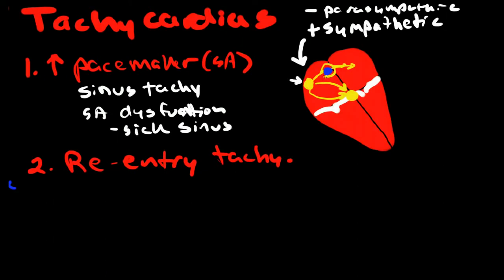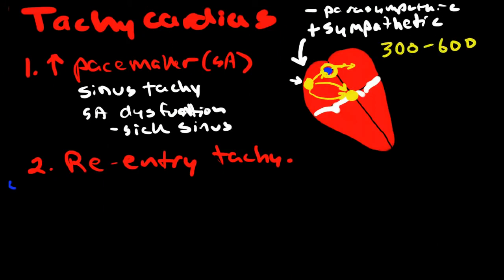However, there's sort of tissue in here around it that has not been depolarized. So what you're going to end up with is sort of this circuit, and as this travels backwards, this tissue here will have time to repolarize, and you'll end up with this circuit here where you have depolarization and repolarization happening very, very quickly, and this can happen 300 to 600 times per minute.